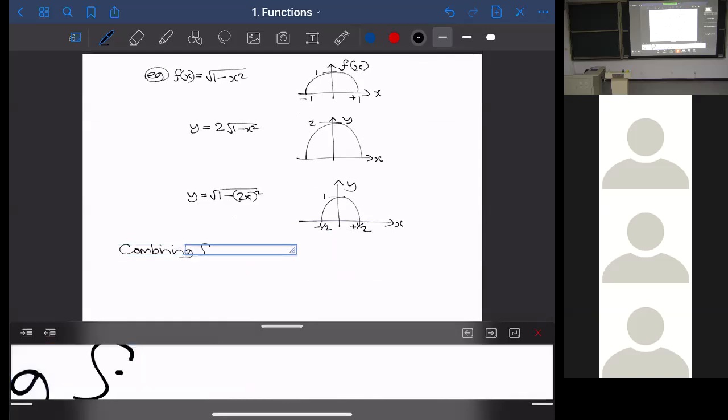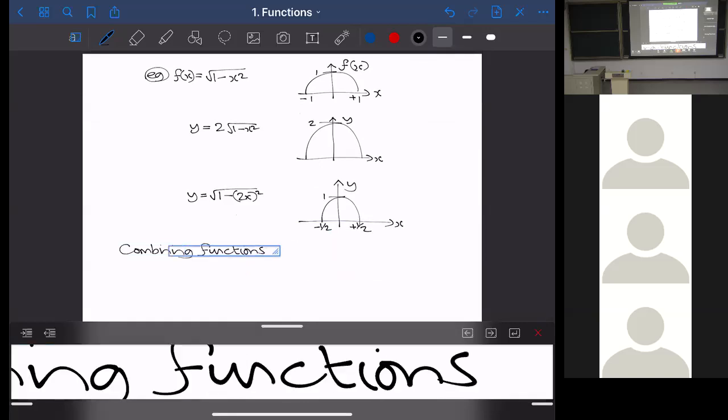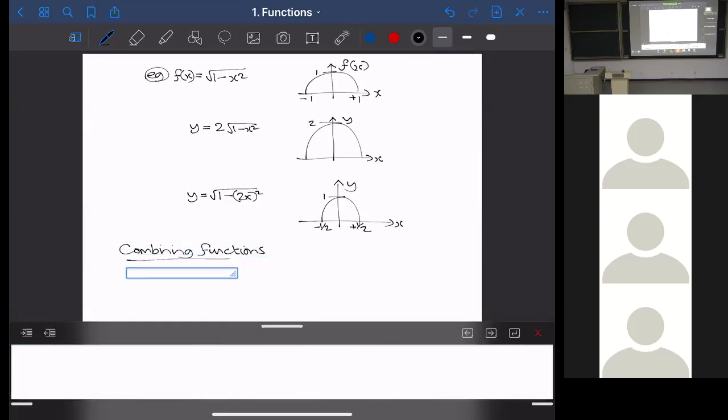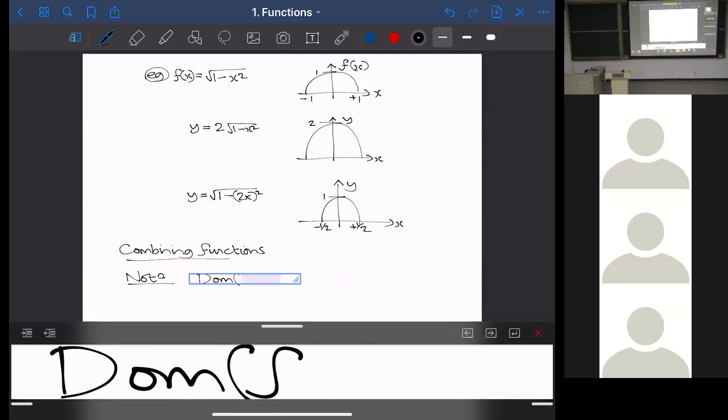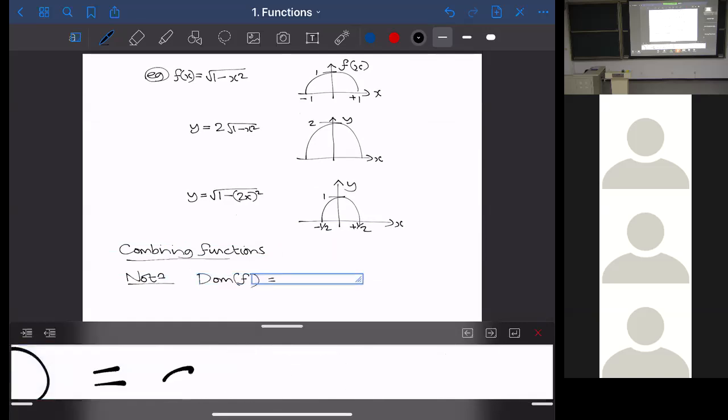So now, ways to combine functions. So some notation. Dom f is the domain of the function f.